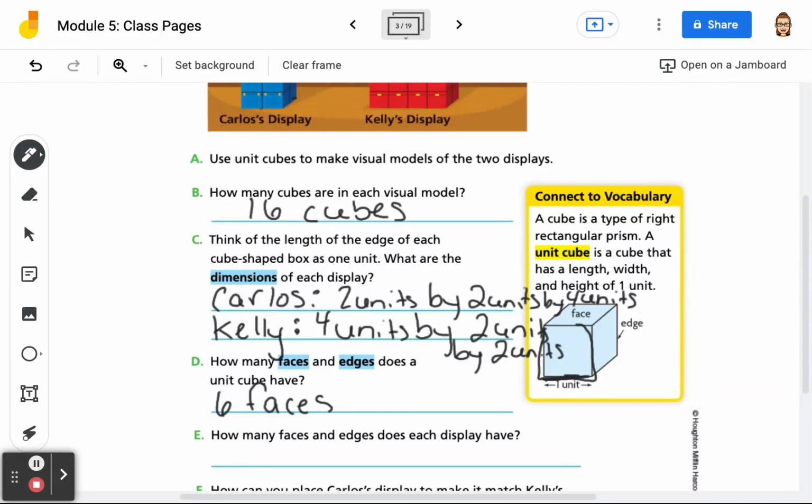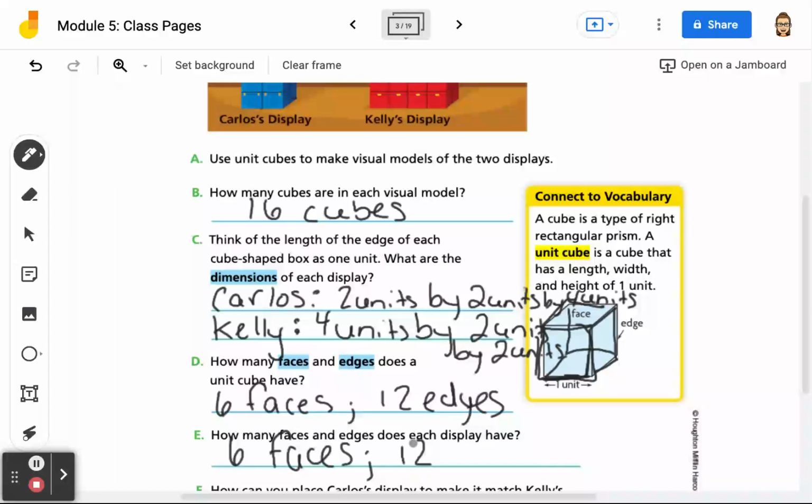We have 1 for the edge, 2, 3, 4, 5, 6, 7, 8, 9, 10, 11, 12. So 12 edges. And if you count, it's the same. So we already said 6 faces. And then we're also going to have 12 edges. And you can look at your model if you built it as well.